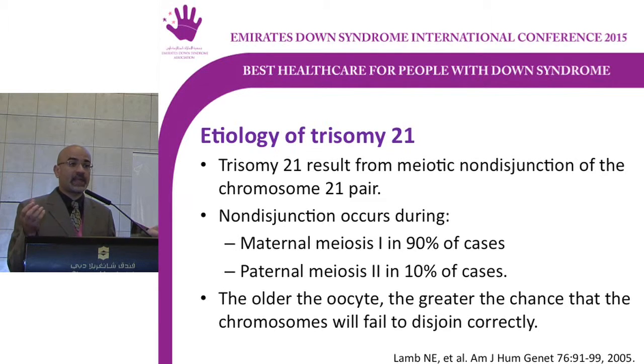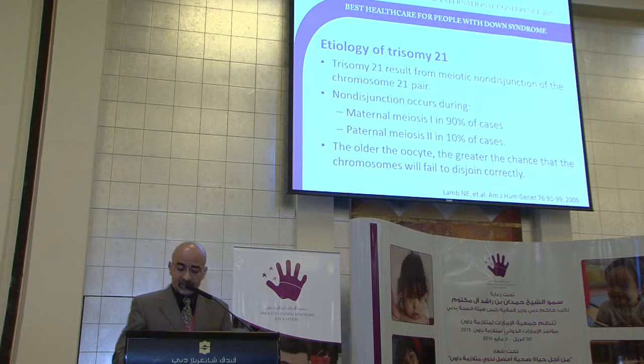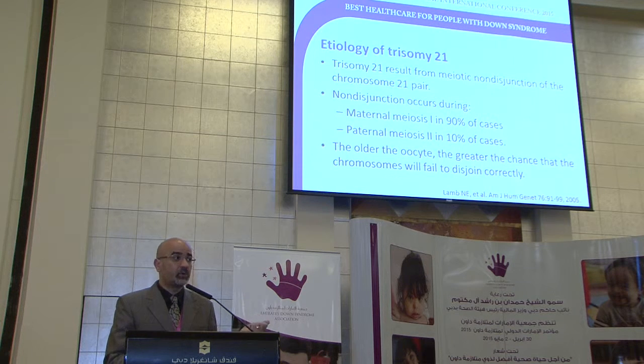And of course, with a third chromosome 21 coming from the sperm, we will have 3 copies of chromosome 21. There is a small percentage where the sperm actually has 2 copies of chromosome 21, and it's less than 10% where we can have a trisomy 21 due to abnormalities in the sperm.